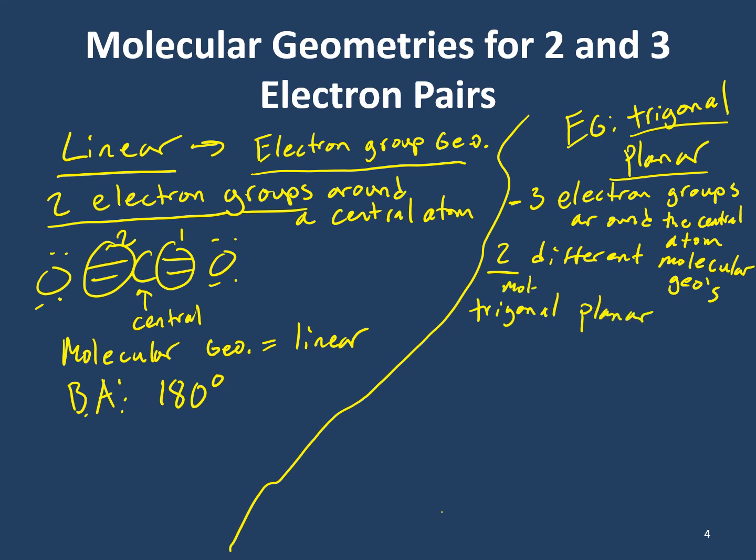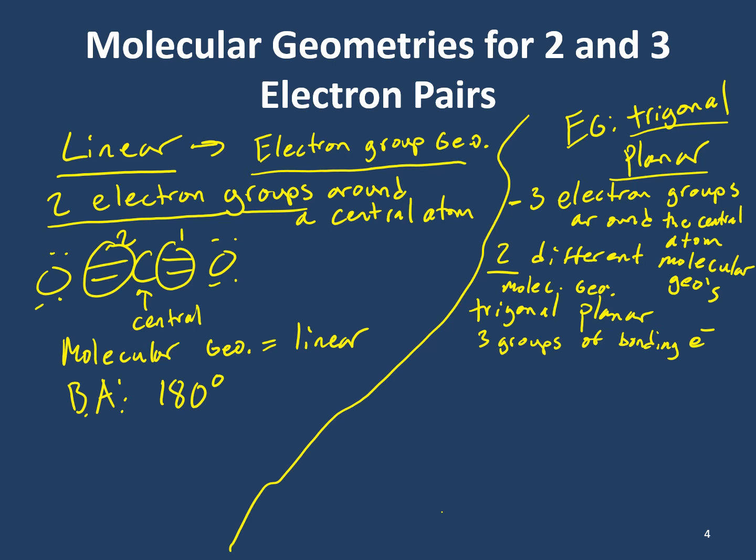So our molecular geometry is trigonal planar. This occurs when we have 3 groups of bonding electrons around the central atom.